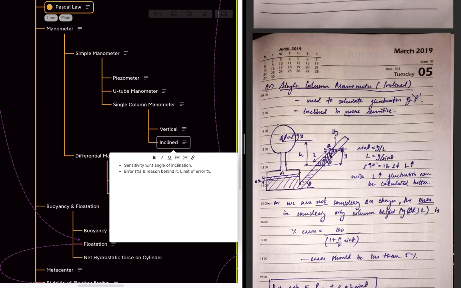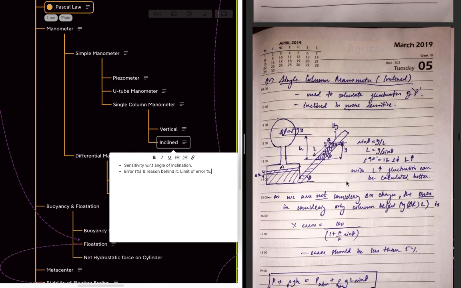When this measurement is high, we can calculate this length better. If we can calculate this length better, we can ultimately calculate the pressure change here better, because y is a function of L. With that respect, we can calculate the change in pressure more accurately.